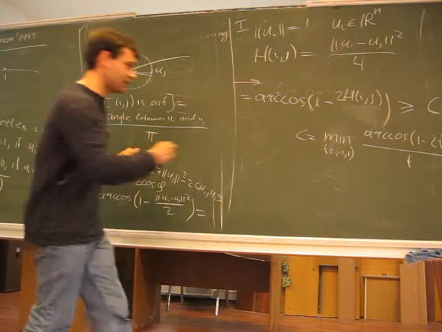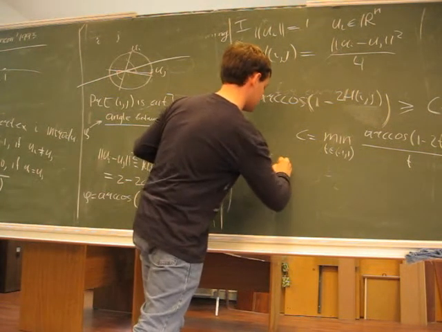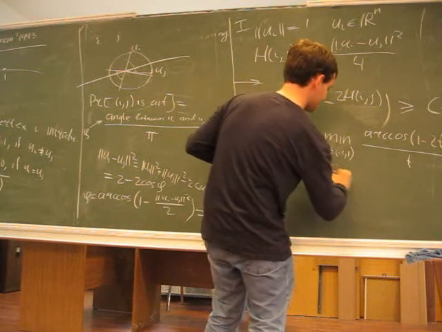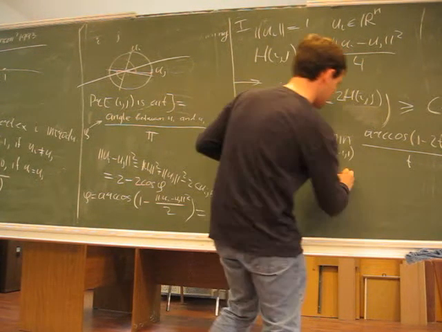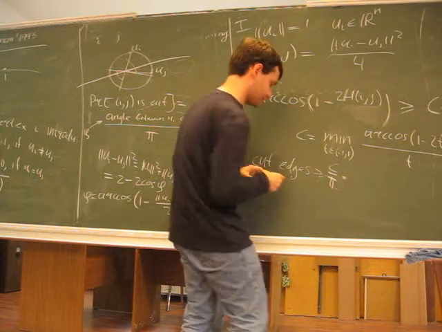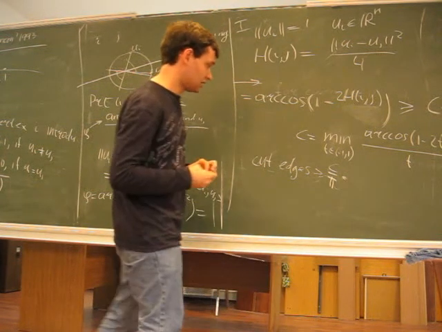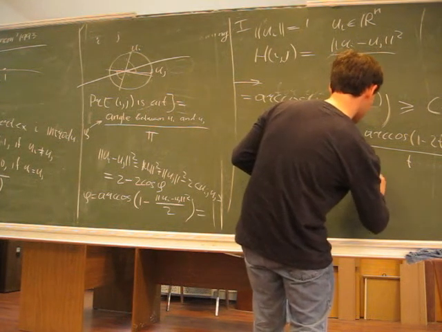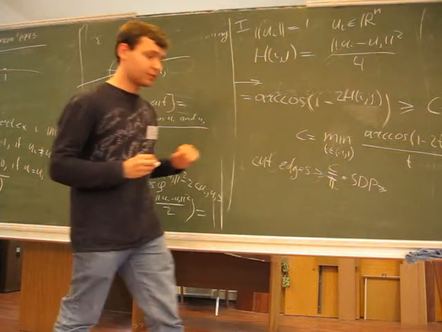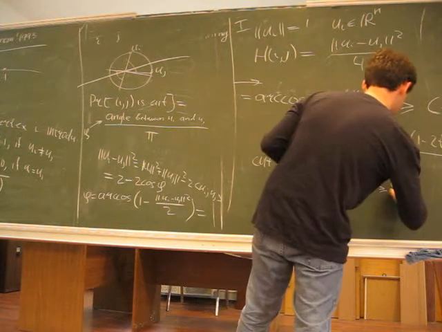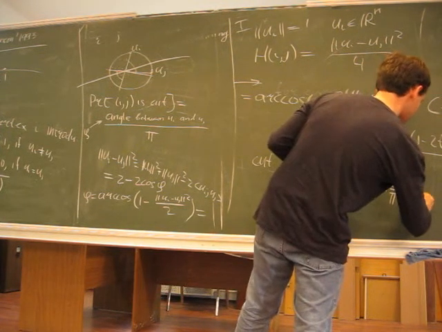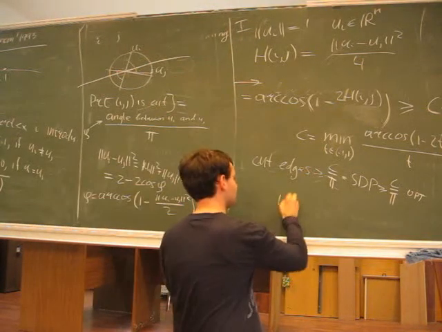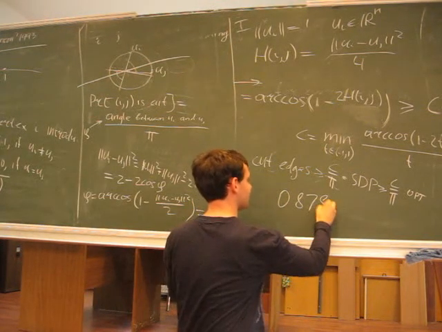So the number of cut edges in expectation is greater than or equal to C over pi times the value of the SDP program, and the value of the SDP program is at least the optimal value. If we numerically compute this C over pi, what we get is 0.878.